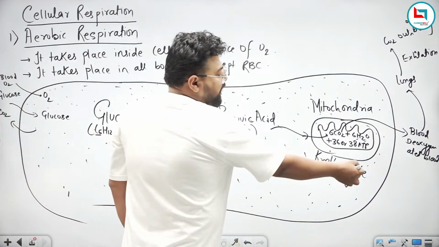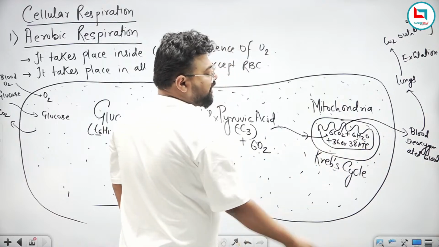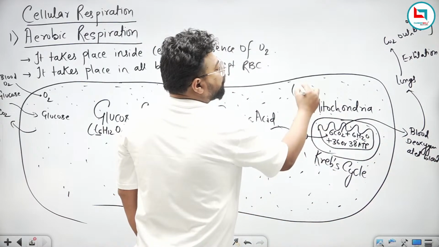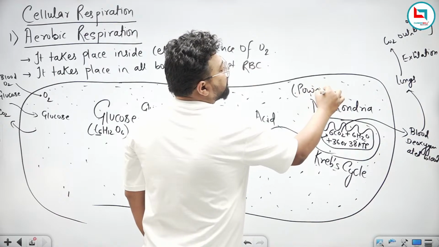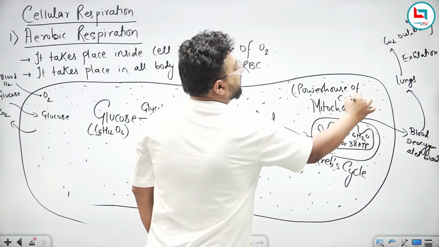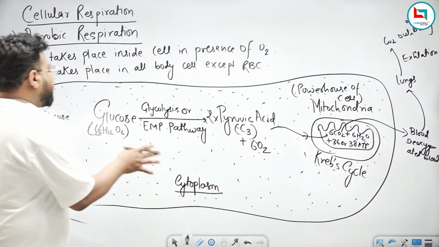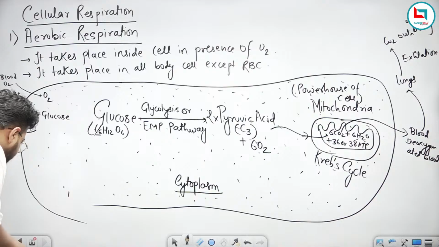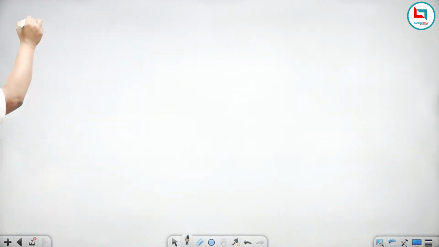And this cycle in which this ATP is synthesized is known as Krebs cycle. Hence mitochondria is known as powerhouse of cell. So this is aerobic respiration. If I totally sum up this reaction on another page in a simple way, what is happening?